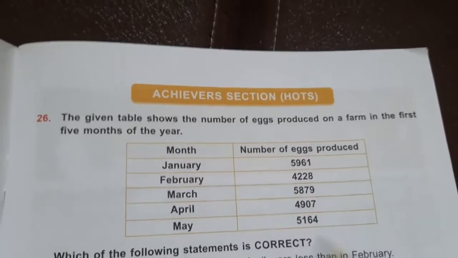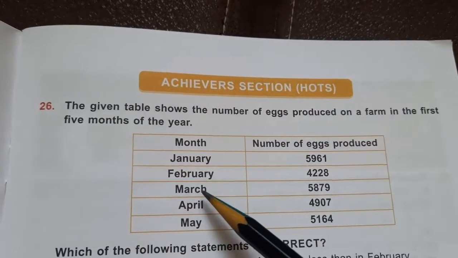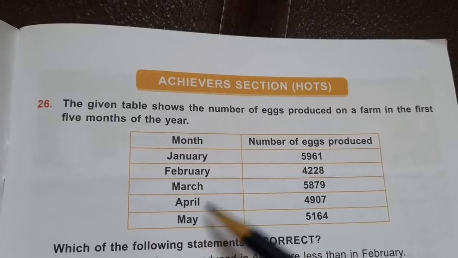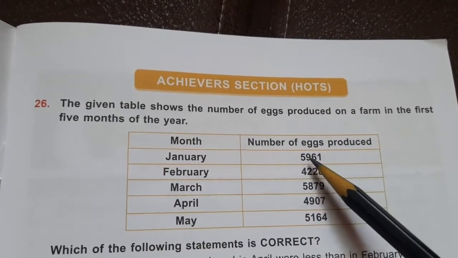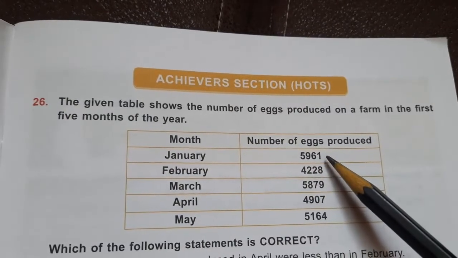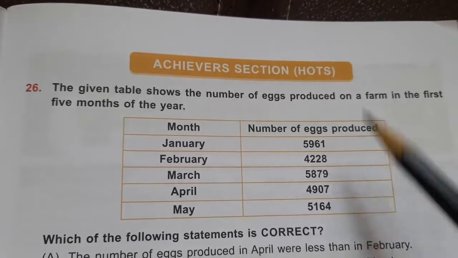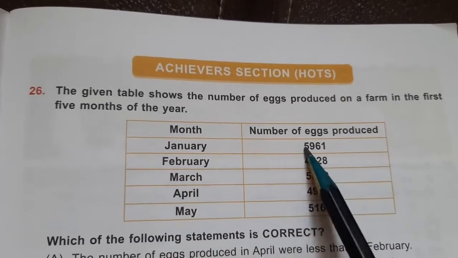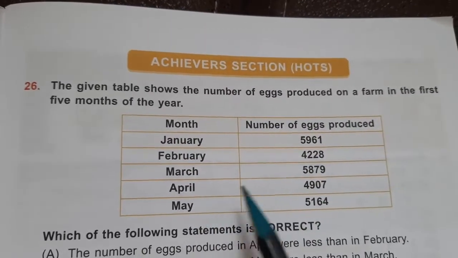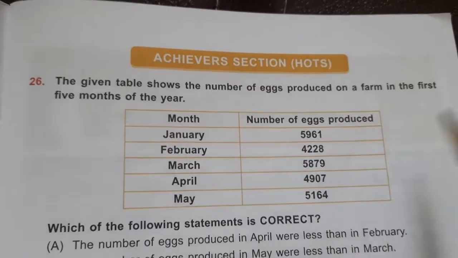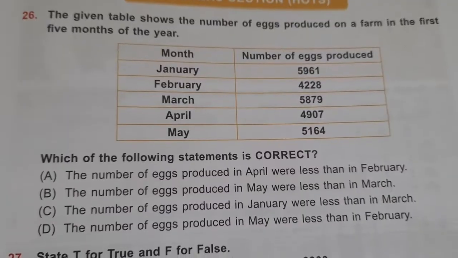So you have in the first column the months, January, February, March, April, May, and the number of eggs produced for them as the second column, 5961, etc., till 5164. So each row is for every month, the number of eggs which are produced. All right, so now let us look at the question which is asked in here.